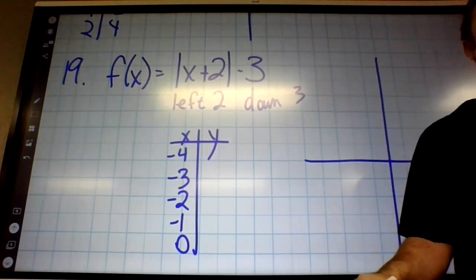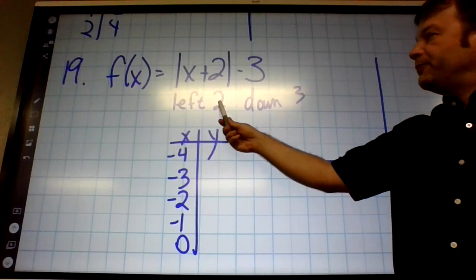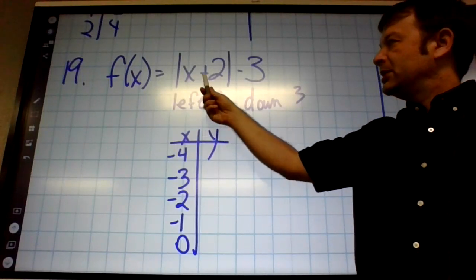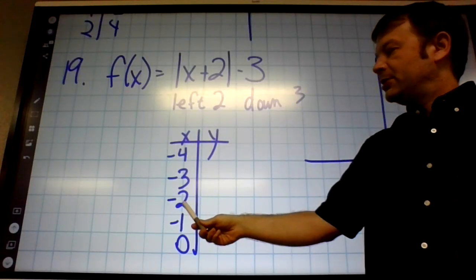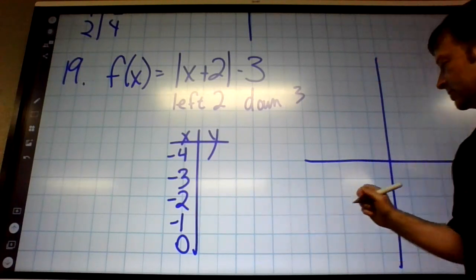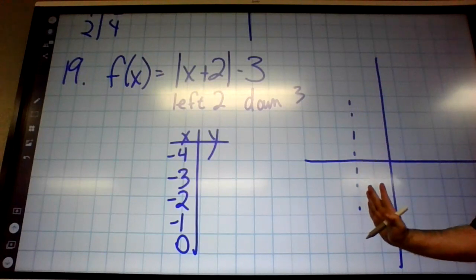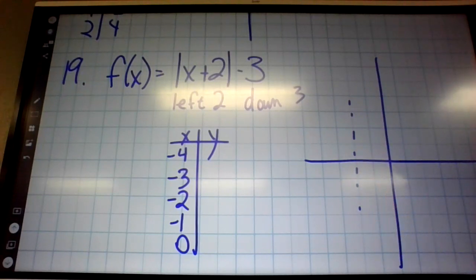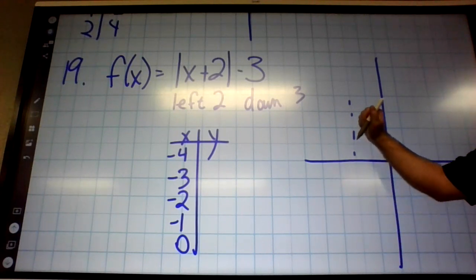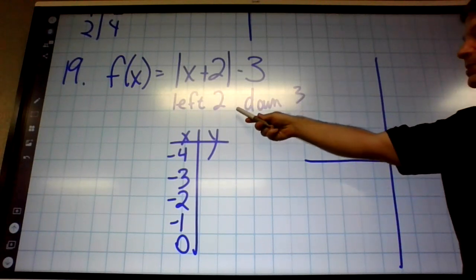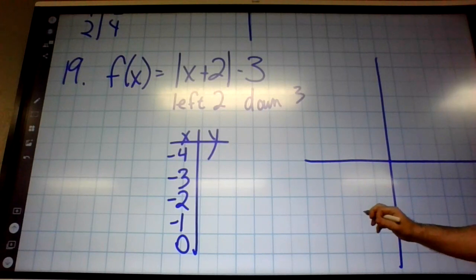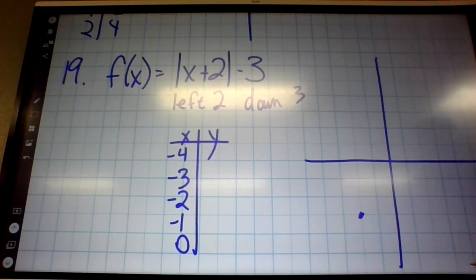Does that make sense? Because the graph moves left 2, -2 is going to be the middle x value. I already know what it's going to look like because it's left 2, down 3. That's going to be the vertex. It's just going to go up from there.